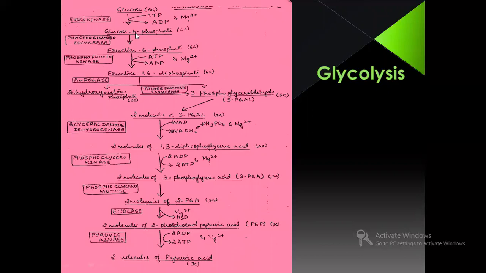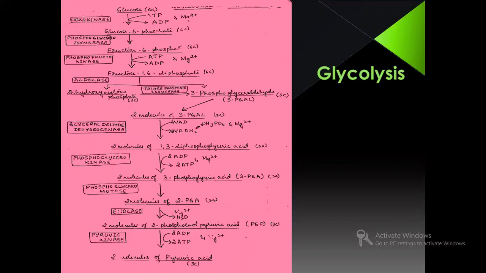It is an enzymatic sequence because many enzymes are involved in the conversion of products into substrates, and it is energized in the sense that many ATPs as well as ADPs are involved. There is consumption of energy as well as release of energy during this process. So we shall go step by step.